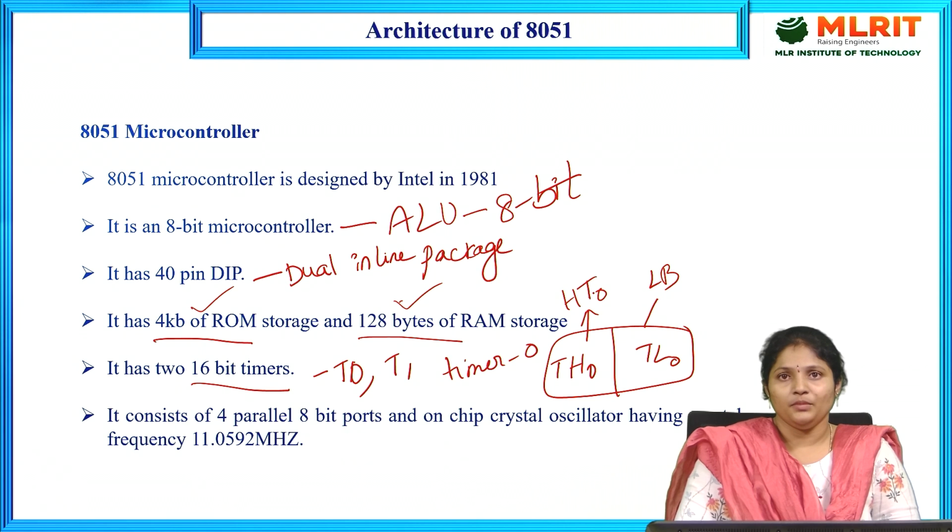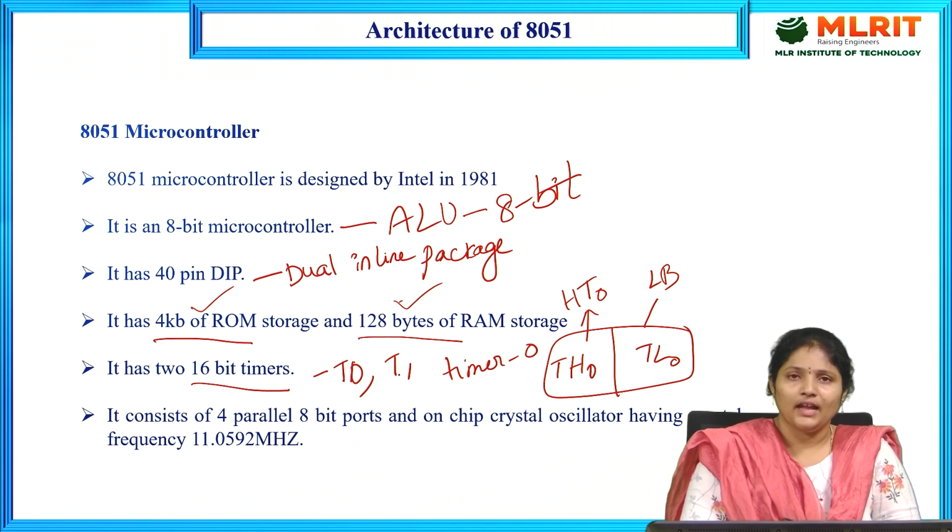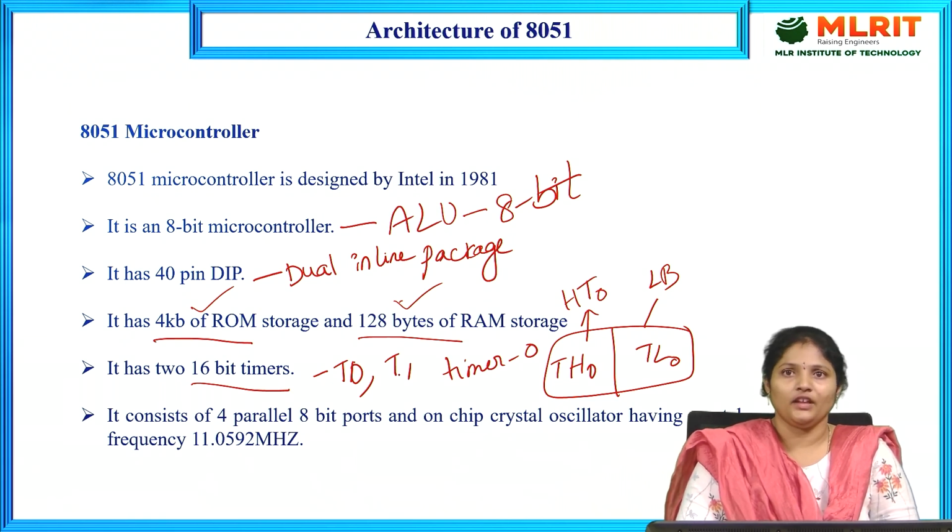So 16 bits has been split into two 8-bit registers. TL0 is the lower byte of timer 0 and TH0 is the higher byte of timer 0. For timer 1 also, it has TH1 and TL1, the two 8-bit registers.